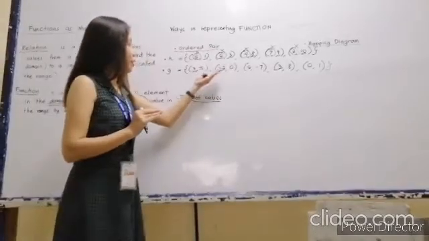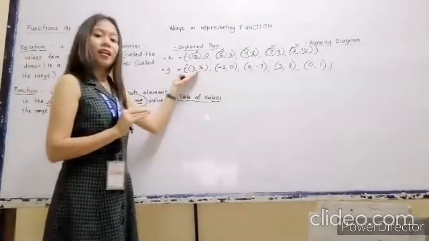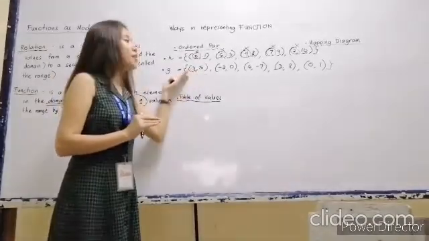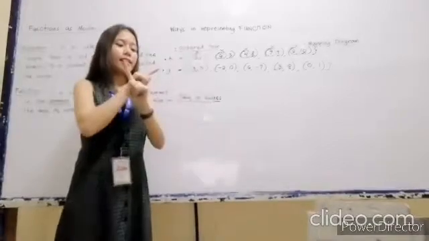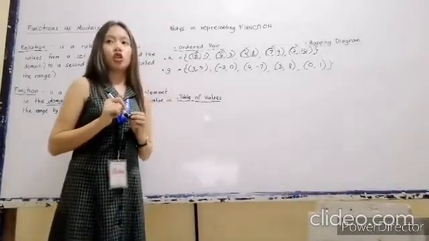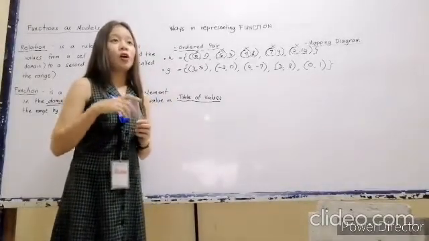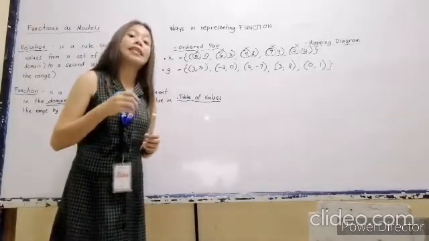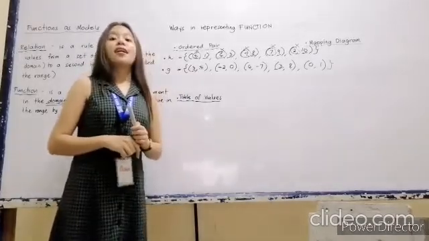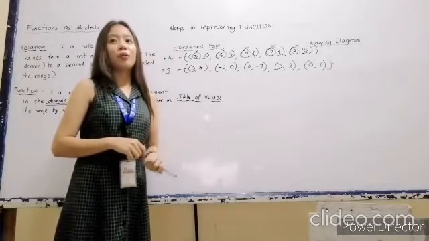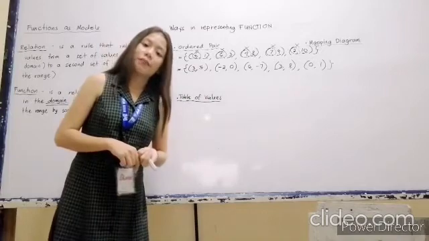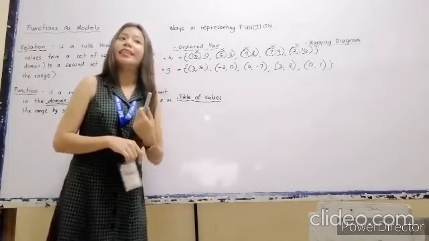As you observe, the input value 3 is repeated. So therefore, this particular relation is not a function. What is the reason? The value of x was repeated, which is 3. I hope you understand our first way. I hope it is clear.